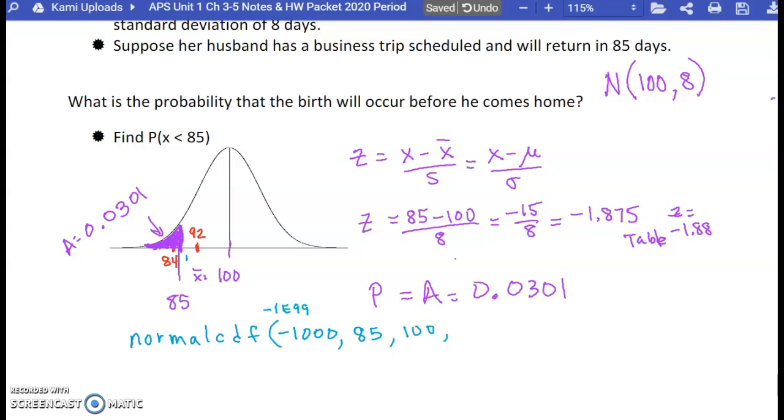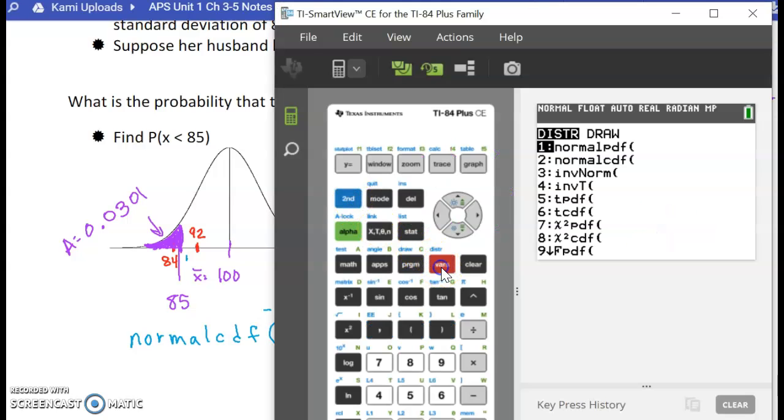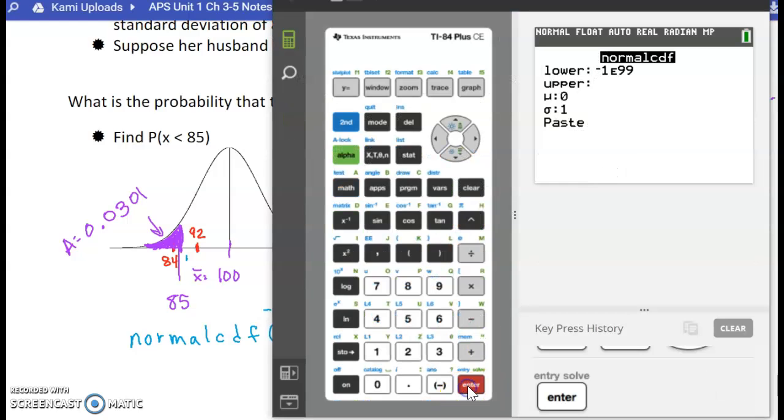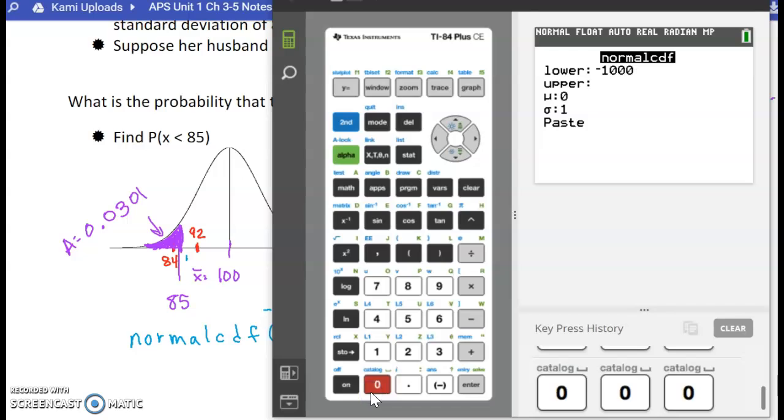The standard deviation using data values is 8. So we're going to put that in the calculator and see what that yields. We'll use second distribution. Normal CDF is number 2. Hit enter. There's a lower boundary. We can change that to -1,000. You could also just leave it just like it is.